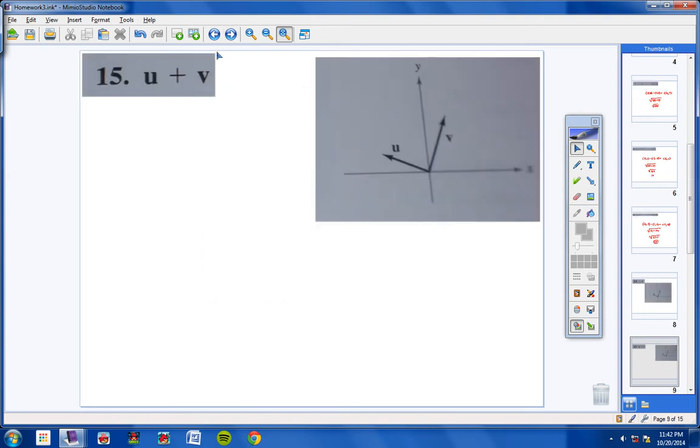Number 15, okay, u plus v. Now we know what this is. You guys should not really struggle with this at all, okay? We learned this already in our notes here. U plus v means that we are going to take this vector here, pick it up and put it right here, just like that, okay?